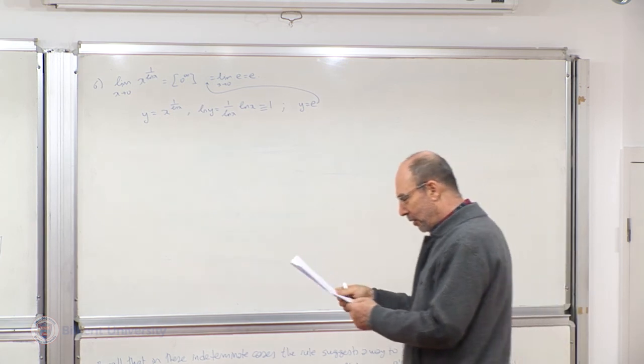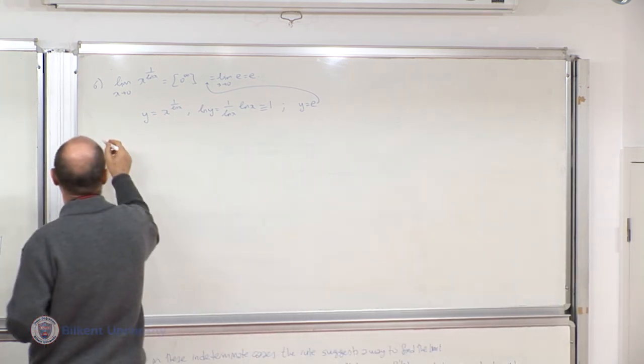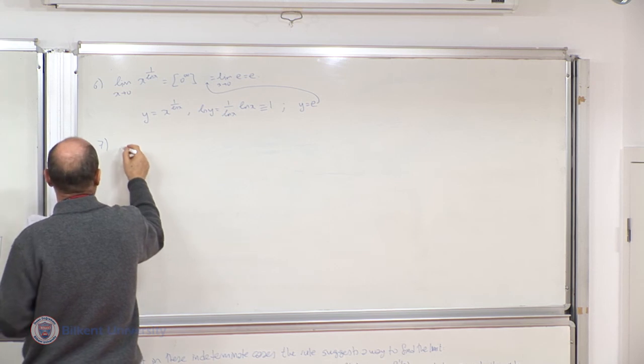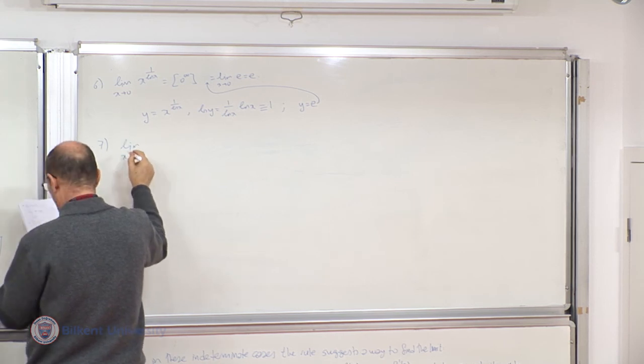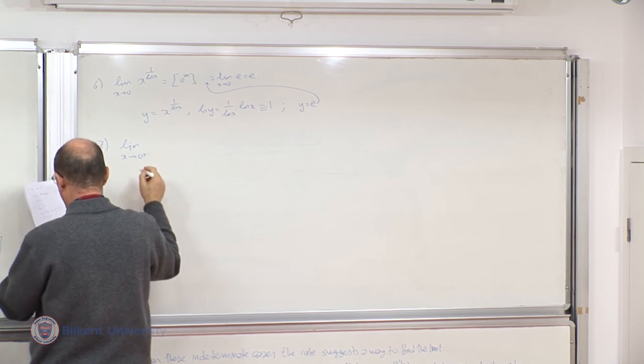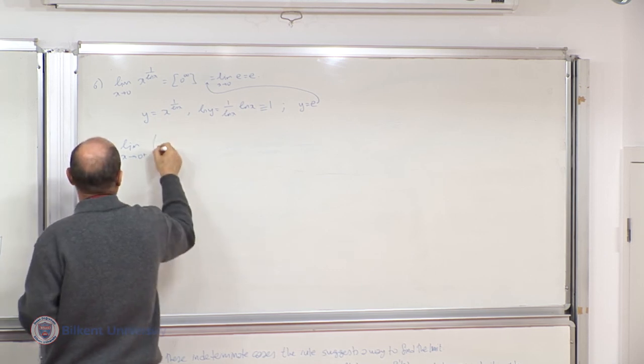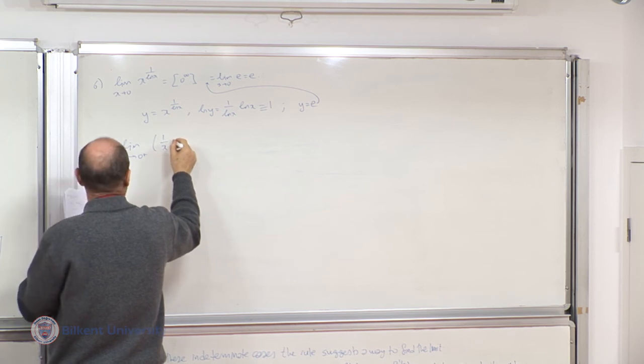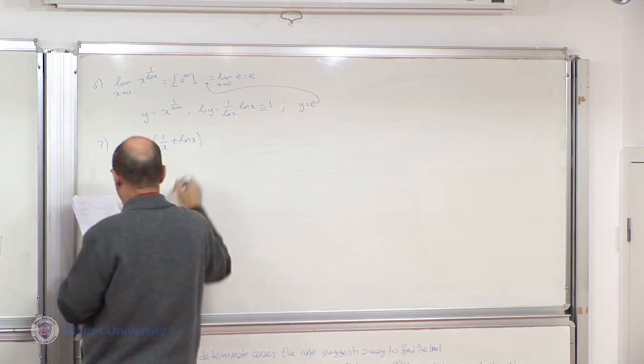Okay, there is another interesting thing. The limit as x goes to 0 from the right of 1 over x plus ln x.